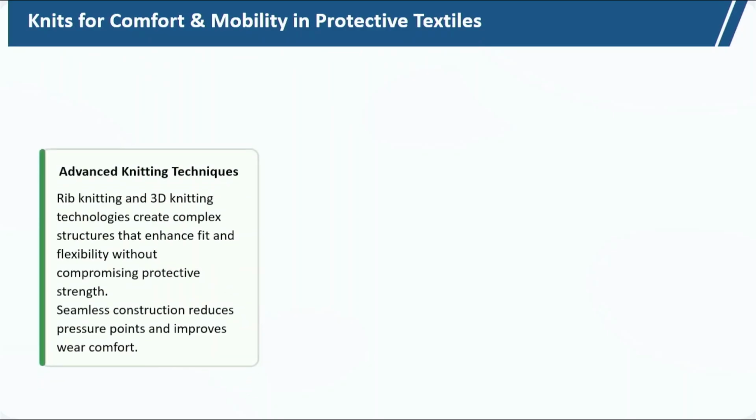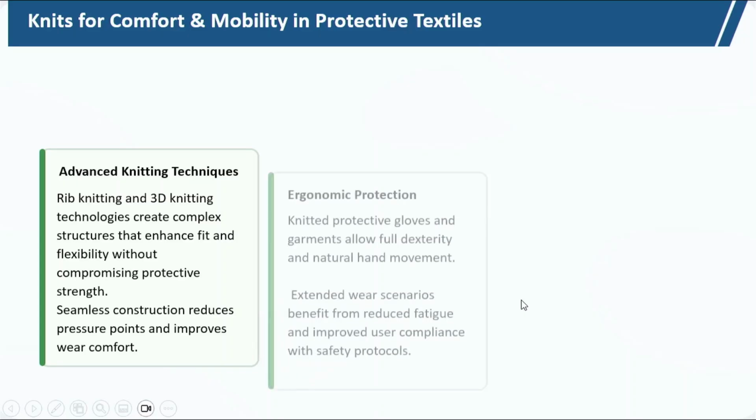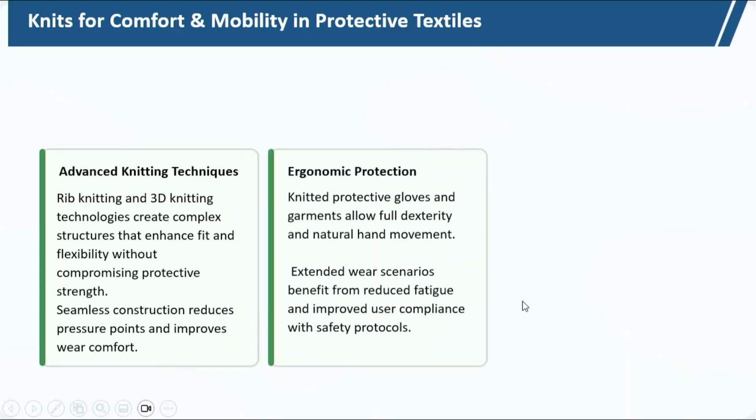So, there is a need for comfort and mobility in protective textiles, where we need mobility. Advanced technologies like 3D knitting and rib knitting are used for ergonomic protection, so it should be comfortable, like knitted protective gloves.